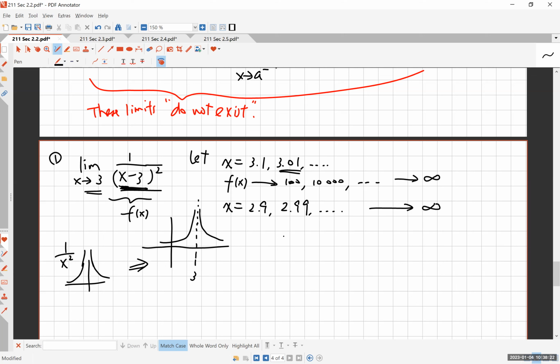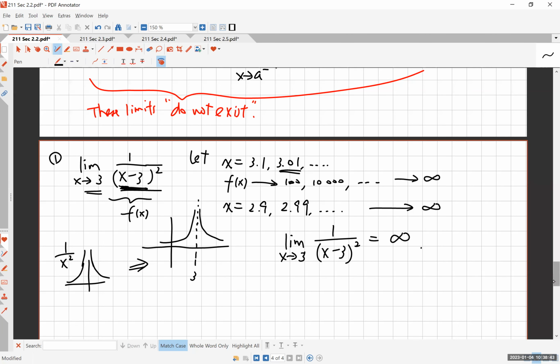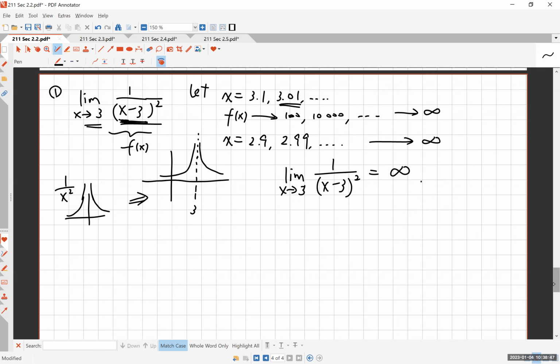And so you can say the limit as x approaches 3 of the expression 1 over (x minus 3) squared is infinity. Now again, it is okay to say it does not exist, but more precisely, you would want to say that the limit is positive infinity. It's not a finite number, so the limit technically does not exist, but be specific and say the infinite limit is positive infinity.